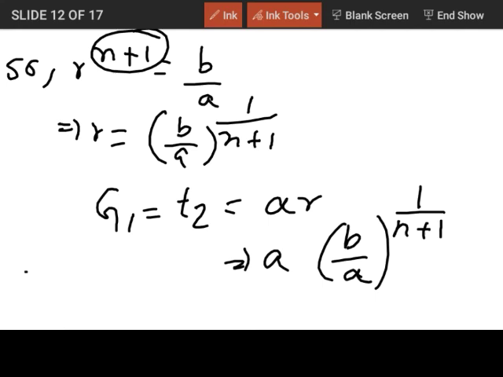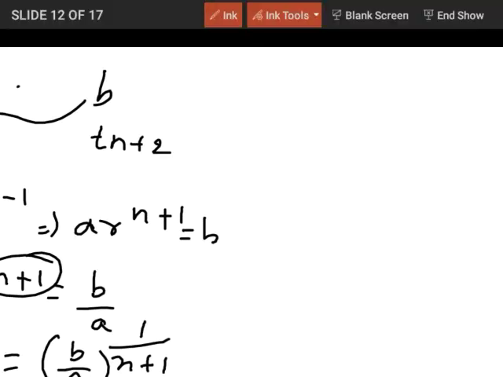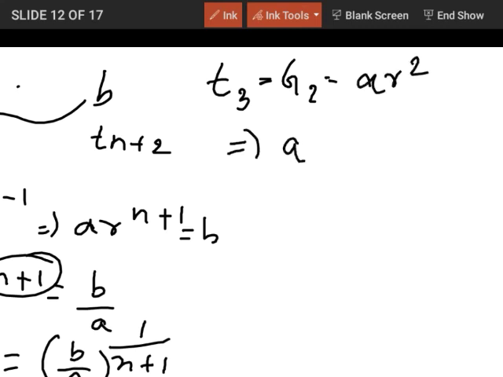Now if I say find g2, that is t3, this will be ar square, this will be nothing but a (b upon a) raised to 2 upon n plus 1. And if this is in power, okay, my writing is horrible, but please manage with it. So t3, that is g2 or geometric mean 2, this will be ar square.